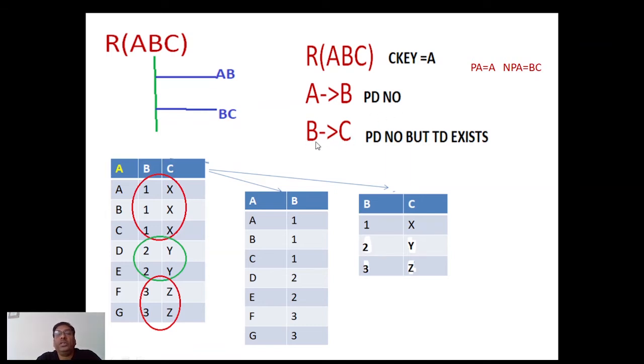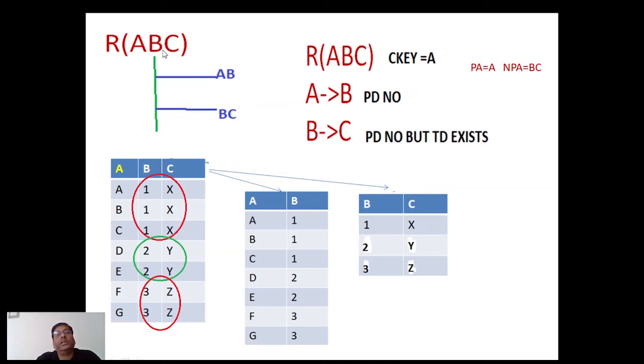So this relation is not in third normal form. When it is not in third normal form, we are going to decompose it: A can find the value of B, so you can have AB in one relation, and B can find the value of C, so you can have BC in another relation.